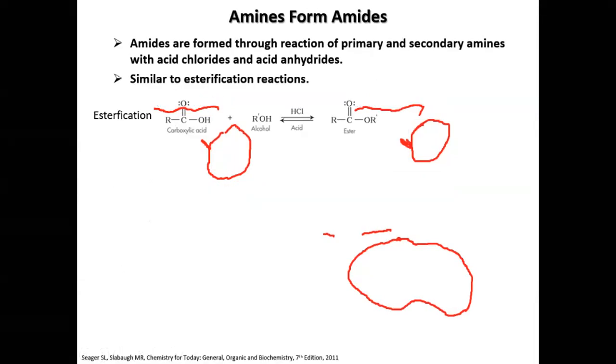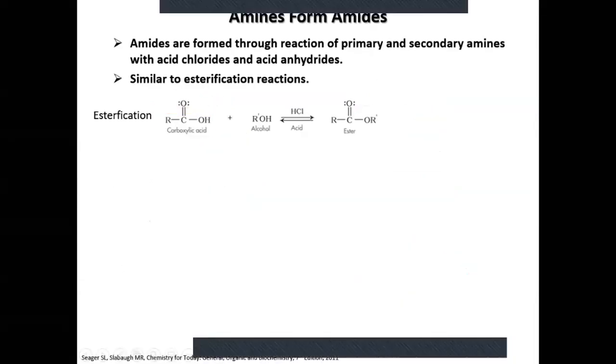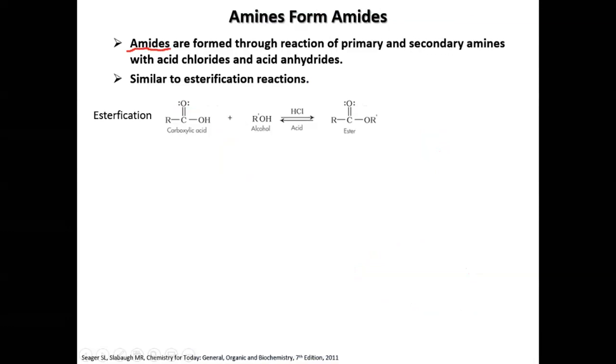And so we're going to be using something very similar to what we did last week. Amides are formed through a reaction of what are called primary and secondary amines, we'll talk about what those are in just a moment, with what's called an acid chloride or acid anhydrides.